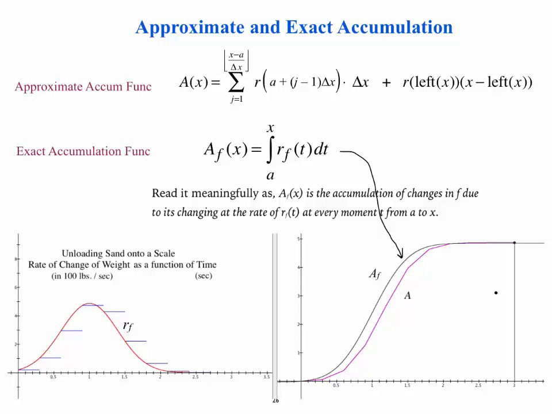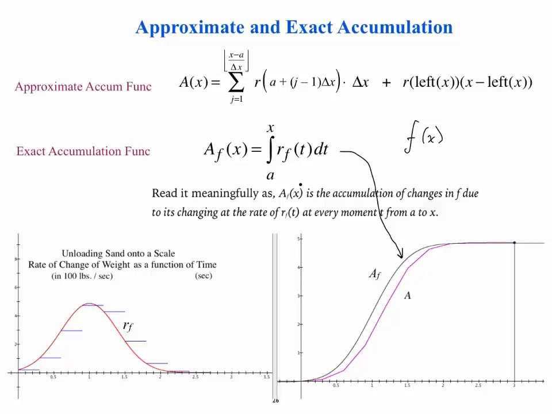Okay, so we should mention what f is. f would be generically just this quantity function of pounds, which could include pounds for values before a. Then the A sub f function is an exact accumulation, but necessarily beginning accumulating at x equals a.